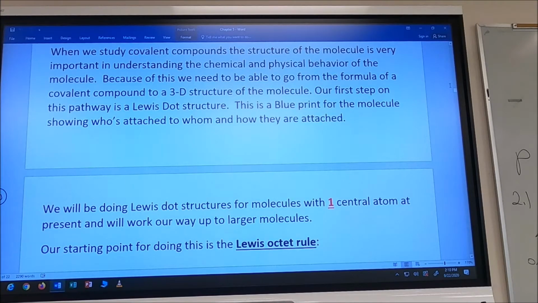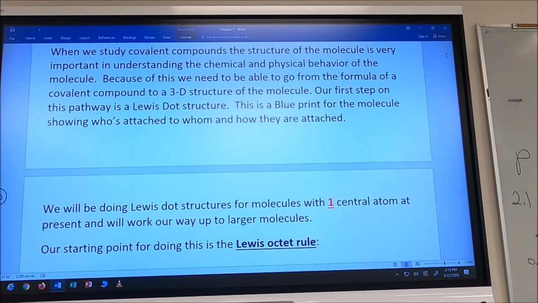Now, if we're going to study covalent compounds, and we're going to look at the effects of the unequal sharing of the bonds, we're going to need to know something about the three-dimensional structure of the molecule. And to build the three-dimensional structure of the molecule, we need to start with a blueprint. Okay? Just like you would if you were to build a house.